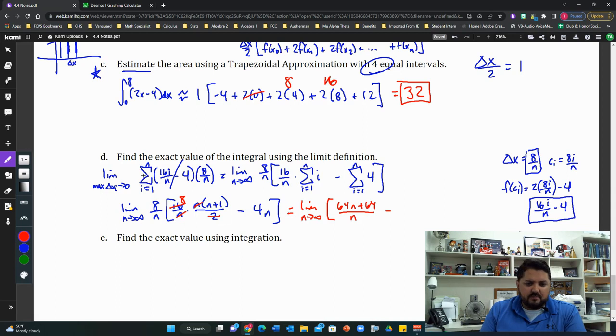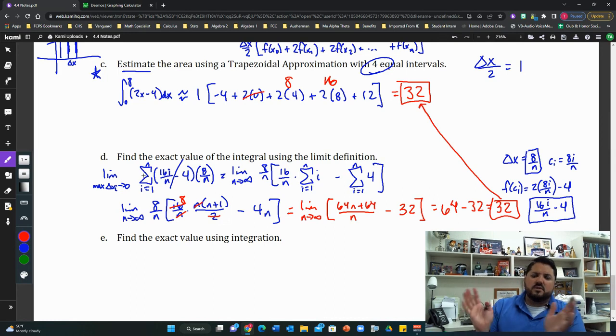And then minus, when I send it to the second part, that will be minus 32 because the n's will cancel each other out. So the limit of my first term, 64n over n, is 64, minus the limit of the constant, which is itself. And so we end up with 32.